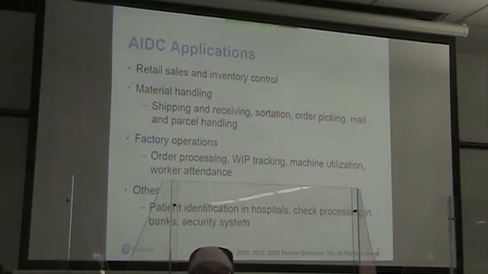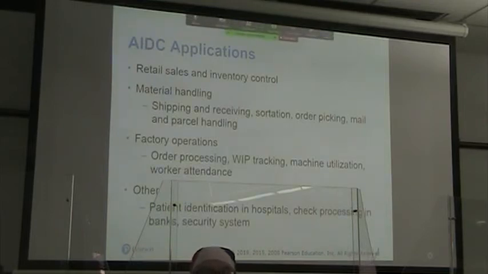Instead of having to count things by hand and input that by hand into a data sheet or into a computer, now this can be done much more quickly using machinery.